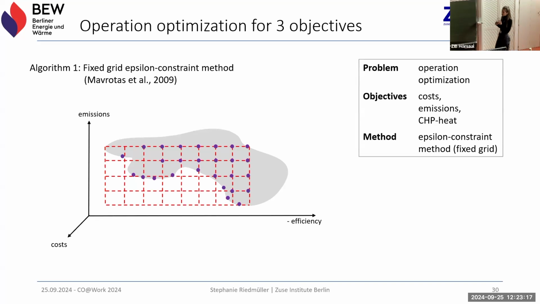And I want to use this epsilon constraint method, but 2 different kinds of epsilon constraint method. The first one is something I call for now fixed grid algorithm. At first, I have to choose where I start with my epsilons. Basically, where is this area I want to look at?